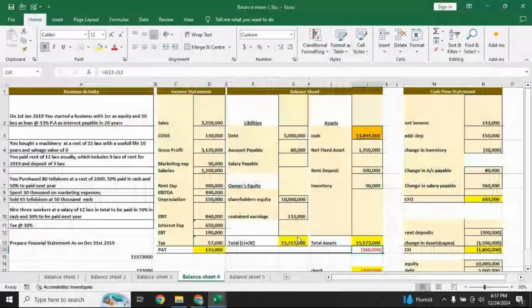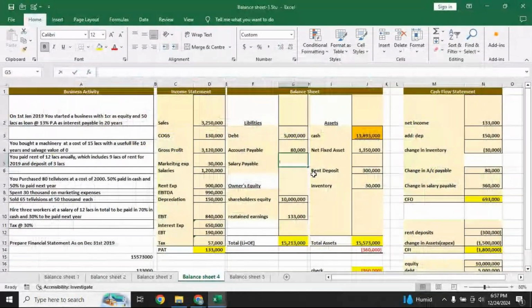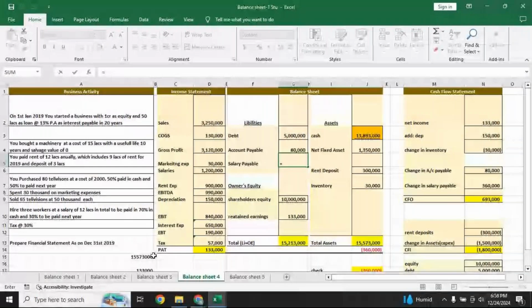So salary payable out of this 12 lakh, 30% I will be paying later. So this is the amount.